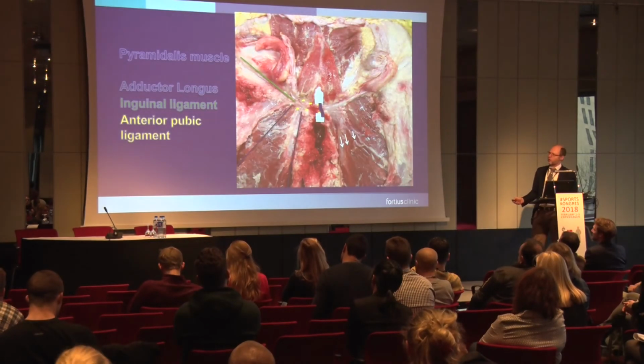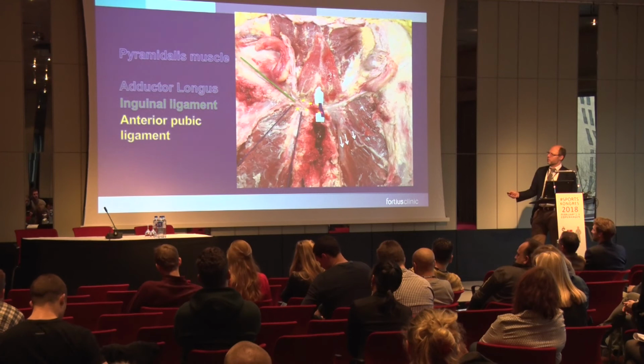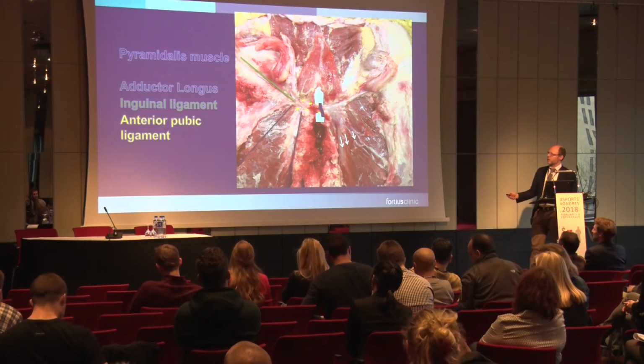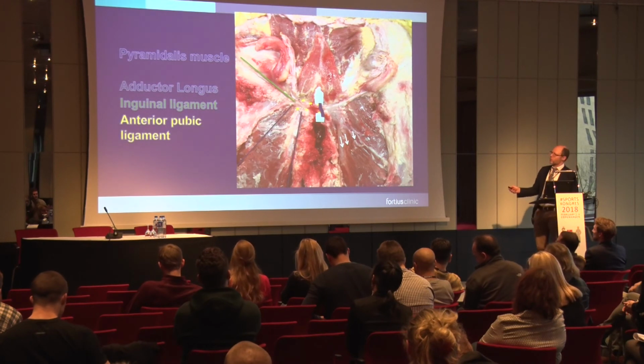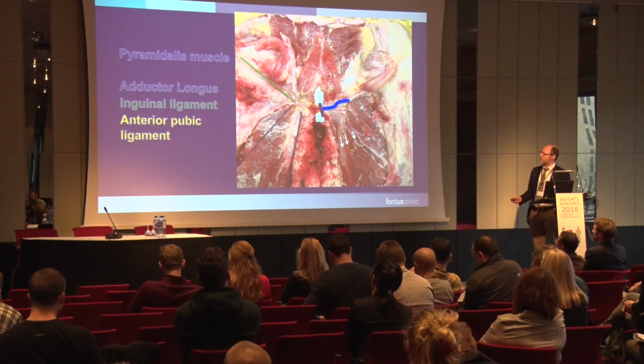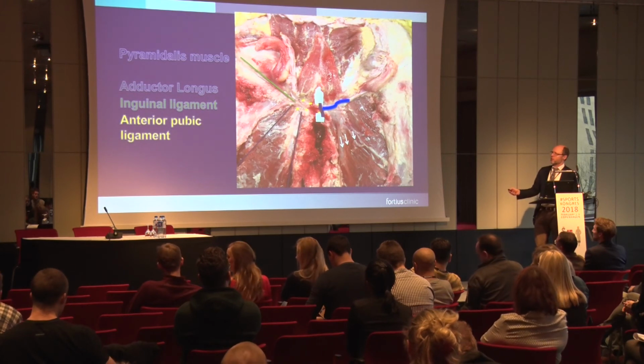And when more displacement occurs, then the medial part of the anterior pubic ligament, medial to the plaque, can also become disrupted. And when it becomes disrupted, the whole complex can displace laterally. And with further displacement, when the longus moves even more down, the adductor longus can become separated from the pyramidalis muscle.